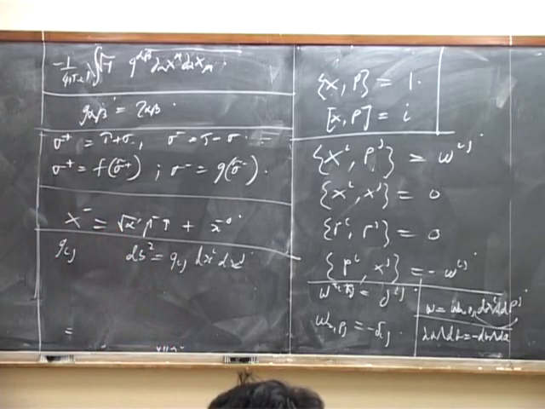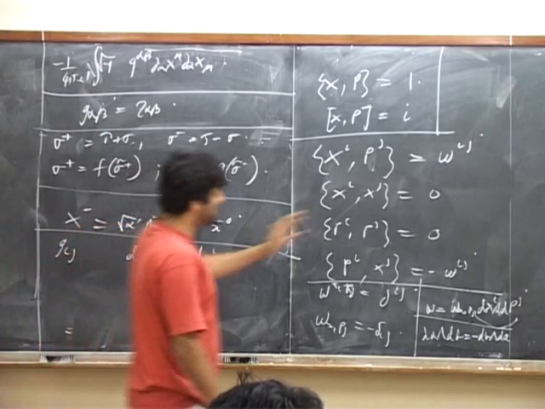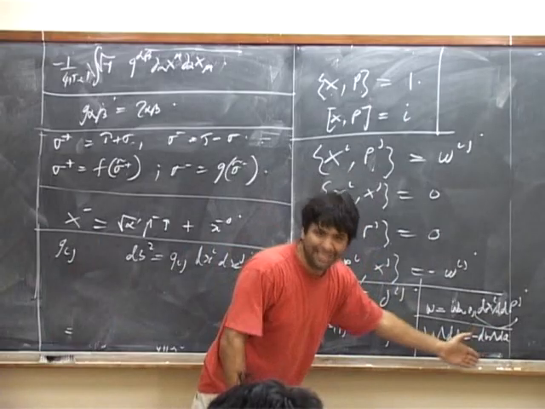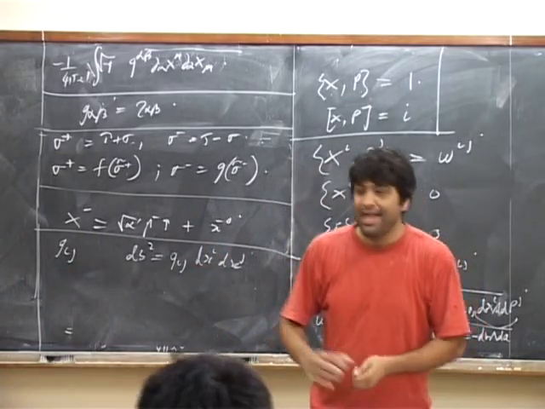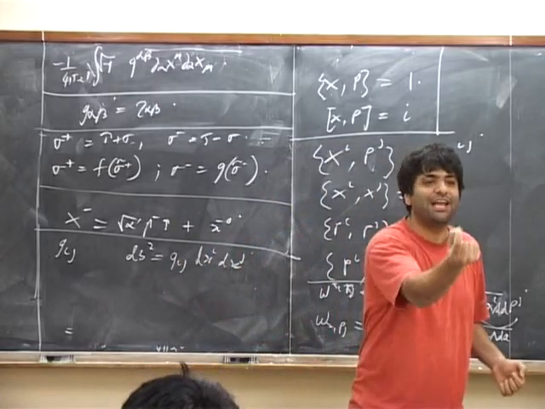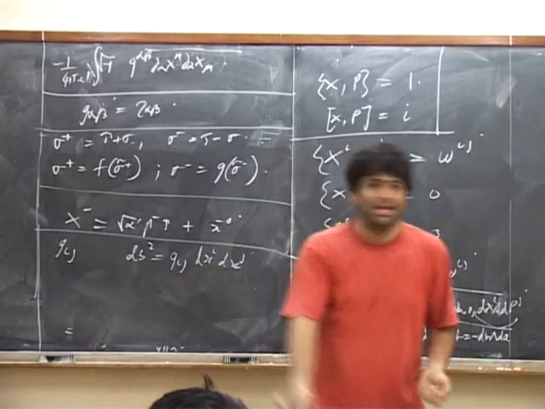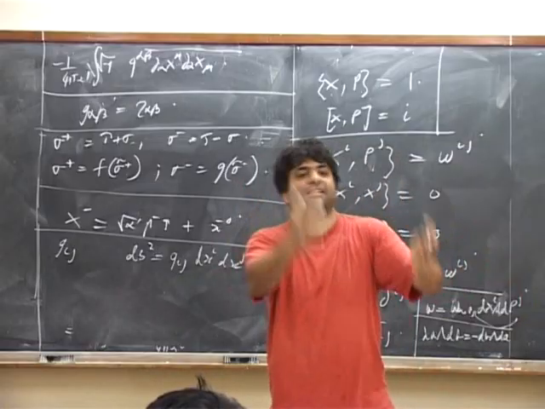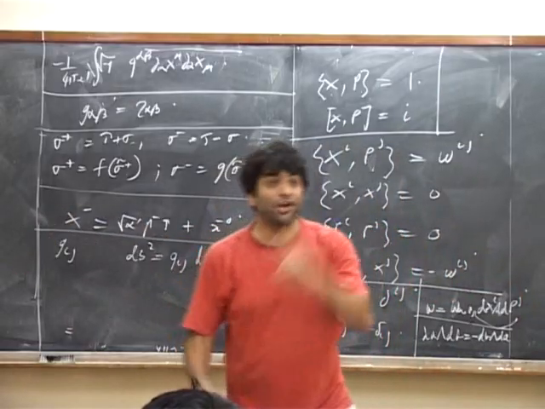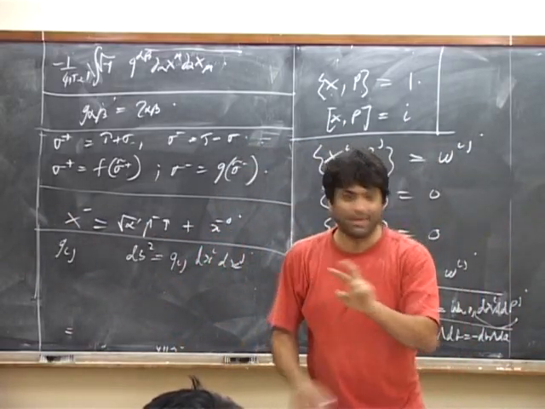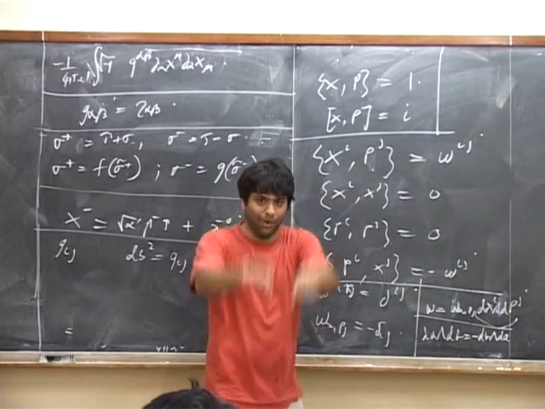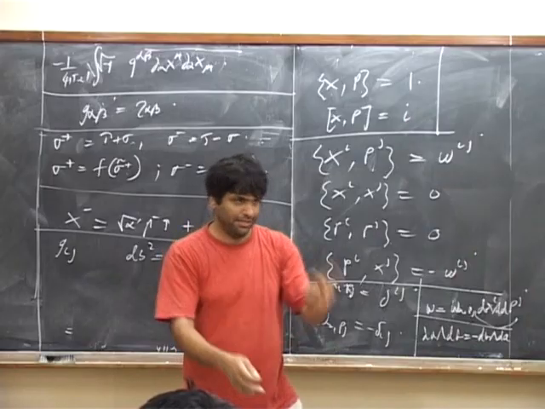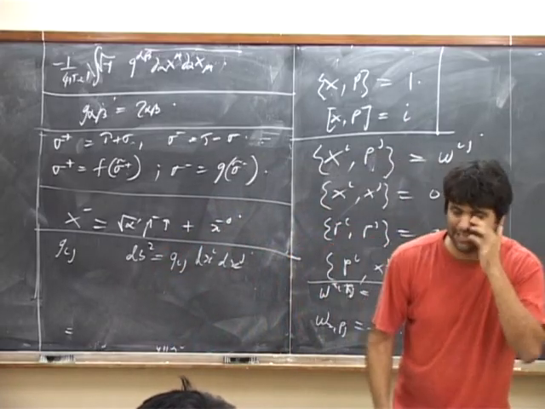Now an action induces a Poisson bracket structure, a symplectic form, on the space of solutions. If you label solutions by initial values of x and initial values of p, that symplectic structure is just delta p wedge delta x. It's not delta x wedge delta p, because remember this property: once we lower, you pick up an additional minus sign.